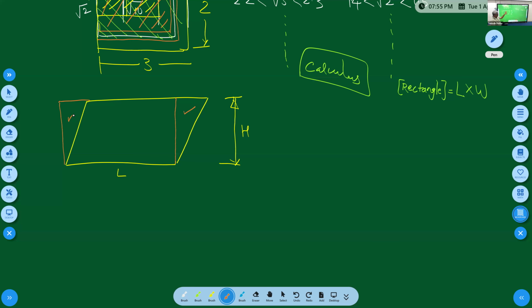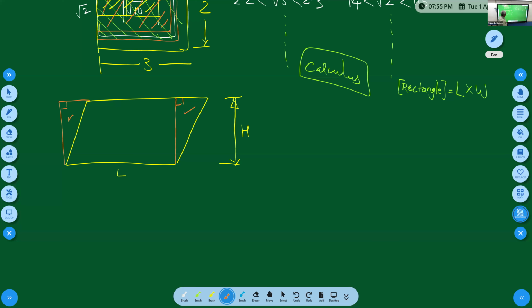So instead of finding the area of the parallelogram, we can convert the parallelogram into a rectangle using congruence. This right angle triangle is congruent with this right angle triangle. Therefore, their areas are equal. Congruent figures having equal area is a postulate. Nobody can question it. So we did not have this area, but we had this area. Therefore, effectively, the area of a parallelogram is length into height.